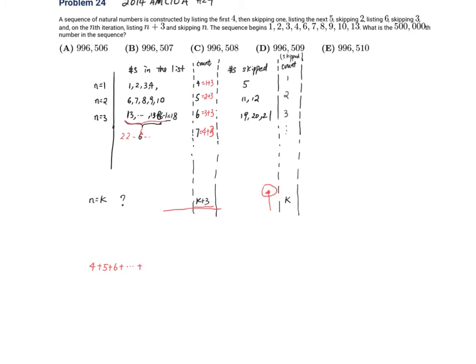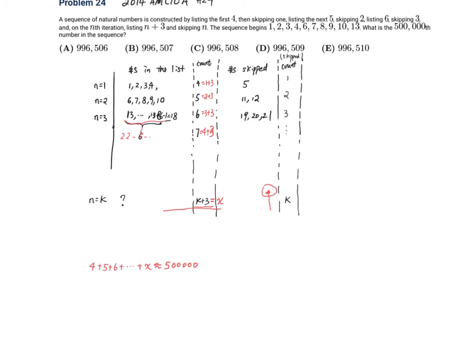I'm going to call it x for now. So plus up to x is close to 500,000, but certainly should be less than 500,000, so that the 500,000th number is in the next block, right?